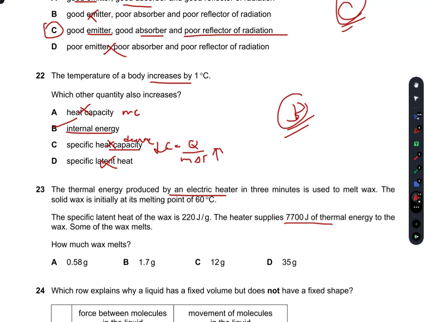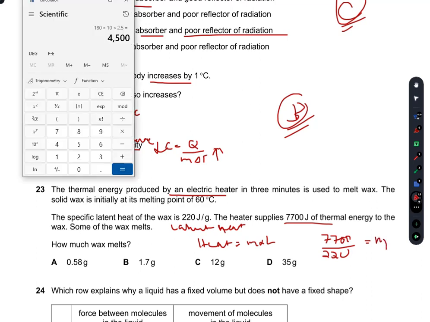So by the formula of latent heat, as it is melting here, we have the values. Heat is equal to m times L, where L is the specific latent heat, I think. So 7700 over 220 is equal to the value of mass.